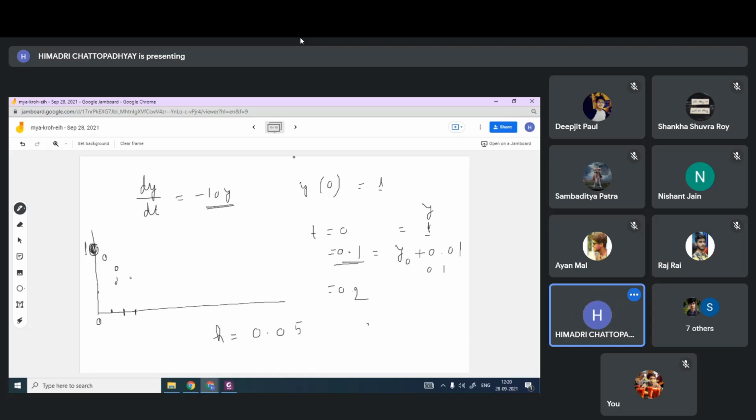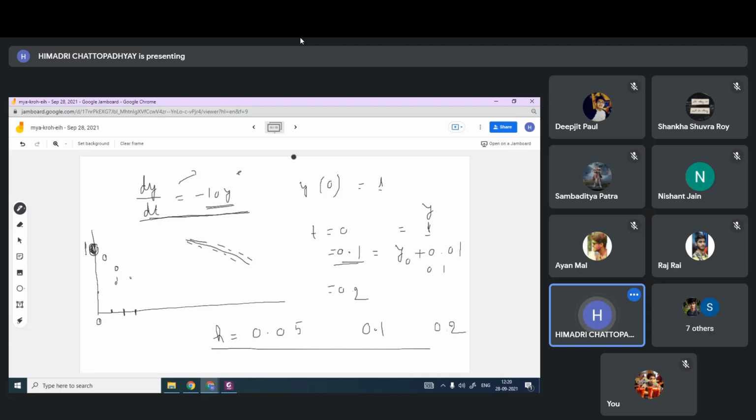0.05, 0.1, and 0.2. And the actual solution also you can plot, because the actual solution, dy/dt equal to minus 10y, will be an exponential solution. So that you can plot directly. One solution may look like this, one solution may slightly change like this, another solution may be like this.